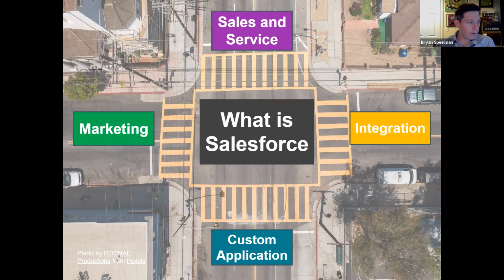And at least the mantra throughout the 2000s was clicks, not code, with focus on declarative development to build data models and UI features. It's important to understand where Salesforce started, because you wouldn't be able to really understand what you're looking at, especially in a brownfield application, if you did not understand how some of this development was done initially. As the company has grown, the demand for flexibility and customization has also grown.